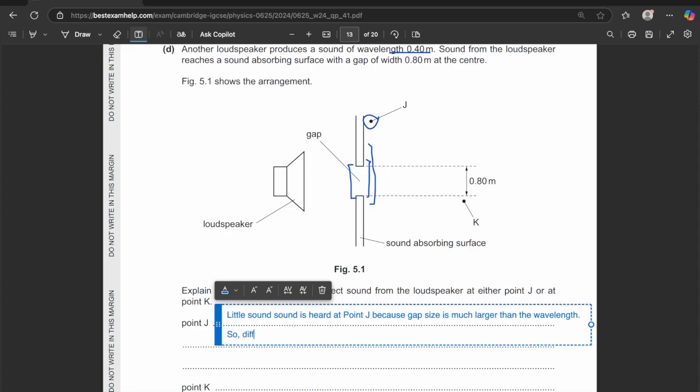So the diffraction effect will be small.